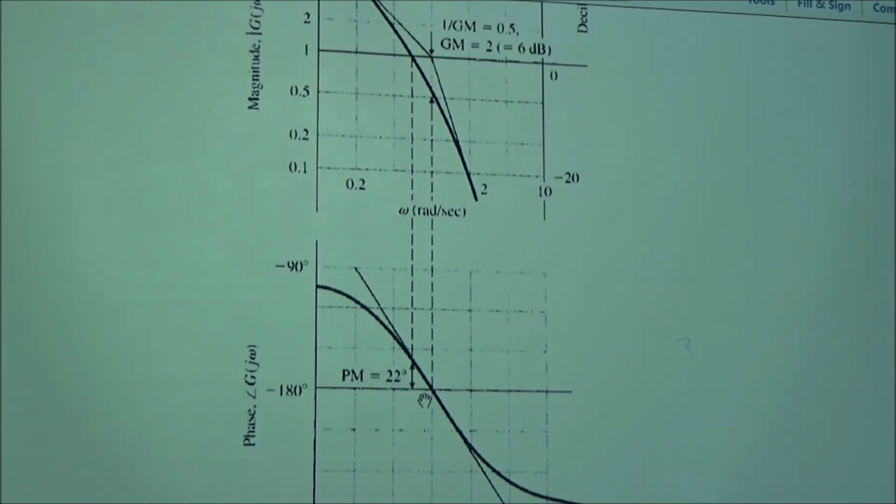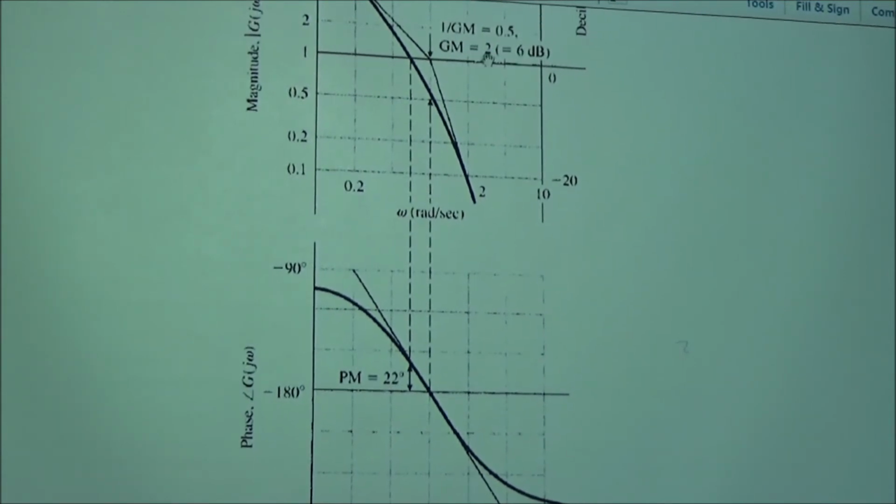At the same time, you hit the minus 180 line. This frequency, you go up here, and you see when you hit here, this distance is going to be 6 dB. So you still have positive gain, positive dB.